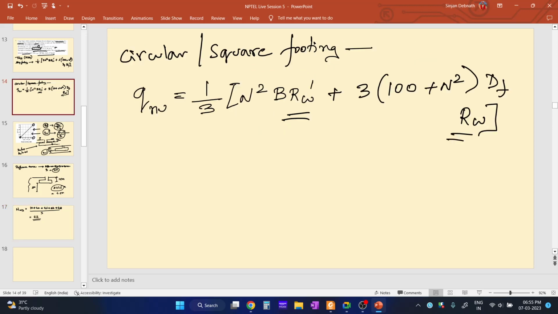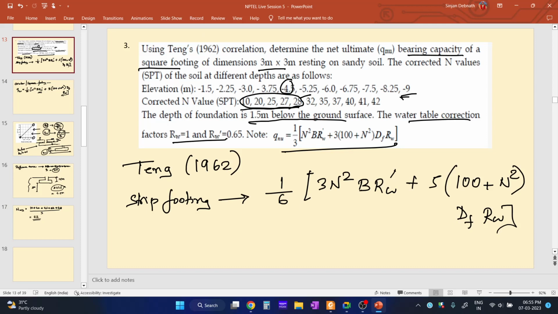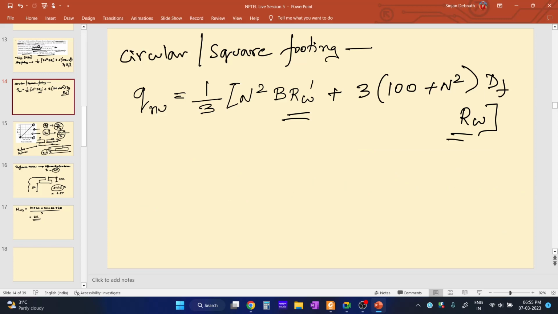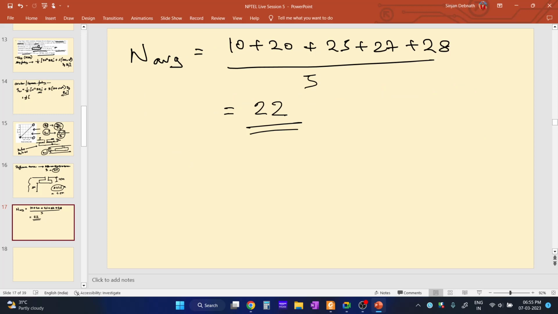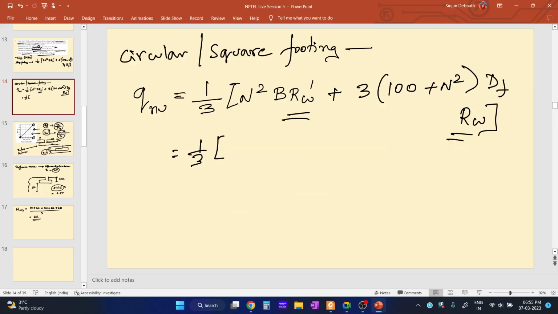So in the question, it is a circular footing, 3 meter by 3 meter. Now we have the values of all the parameters over here. So 1 by 3. What is N? N is the average SPT value, which is 22, square into B, which is 3 meter.